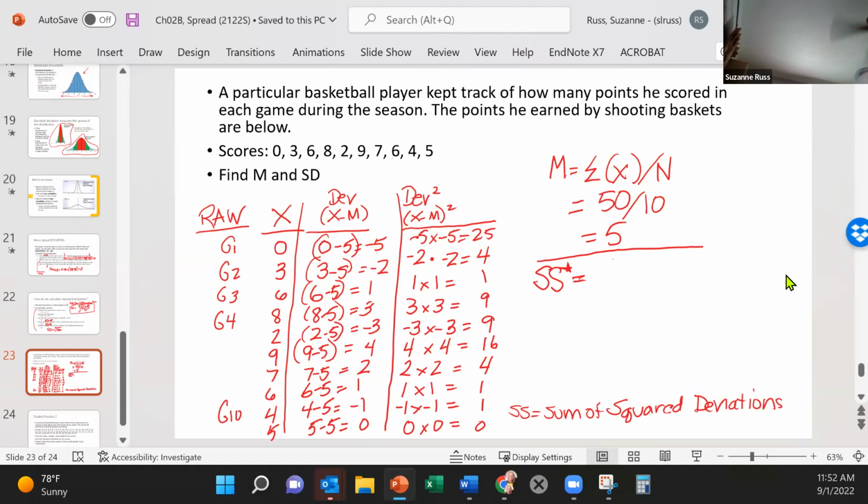So that just means the sum of deviations squared, or the sum of x minus m squared. Notice that x minus m and deviation are the same.